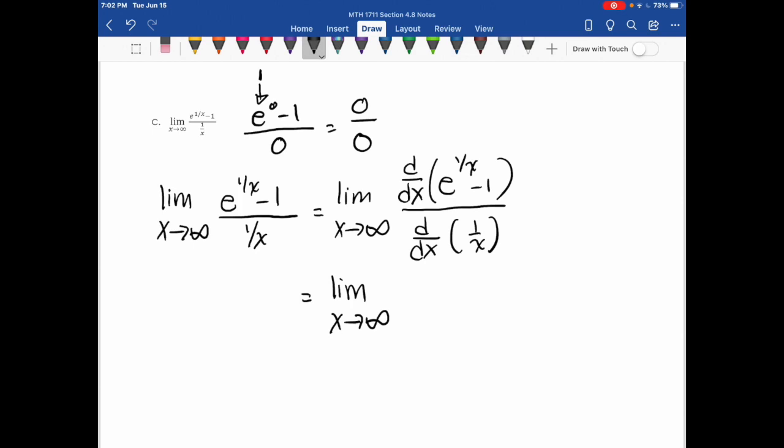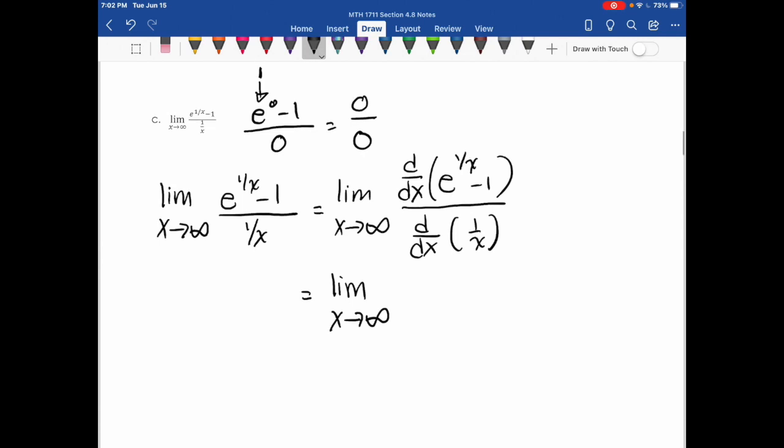Now if I take the derivative of e to the 1 over x, I use the rule for the natural exponential function, and what I would get is e to the 1 over x. So I use the same function, but then I have to multiply it by the derivative of the exponent. And the derivative of the exponent is going to be negative 1 over x squared.